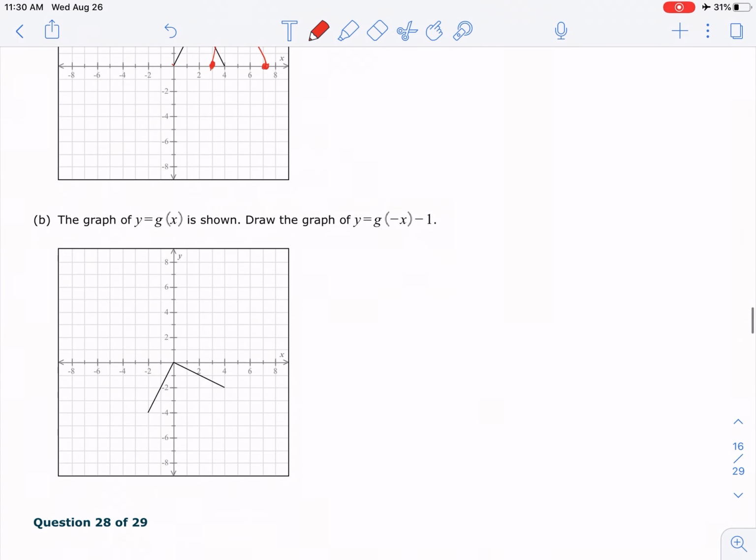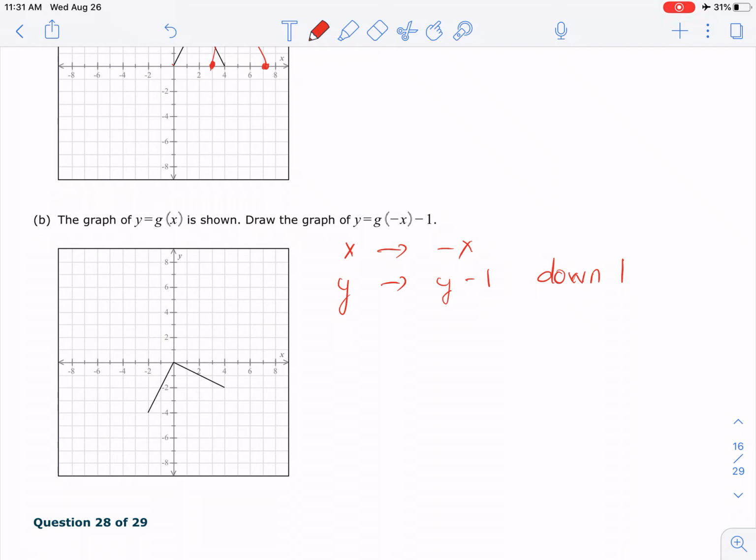So same thing right here. We go from a positive to a negative x. And this is outside, so you're going to add 1 to y. Okay, so x goes to negative x. For y, we're going to go y minus 1, which is down 1.